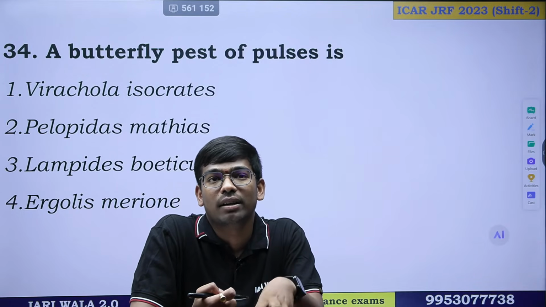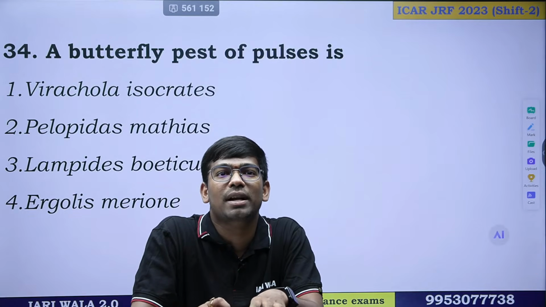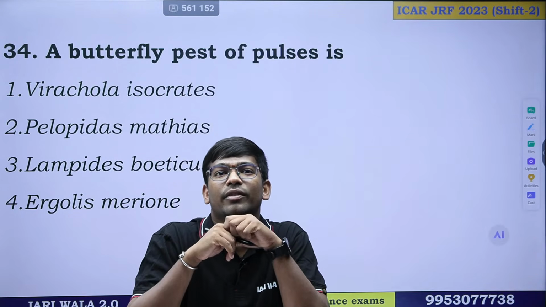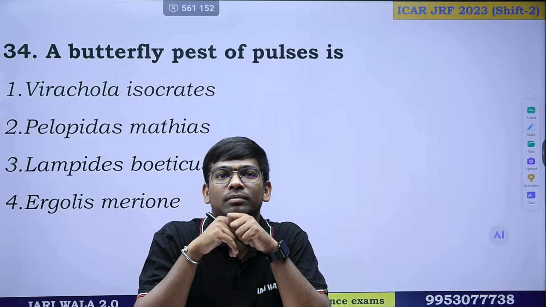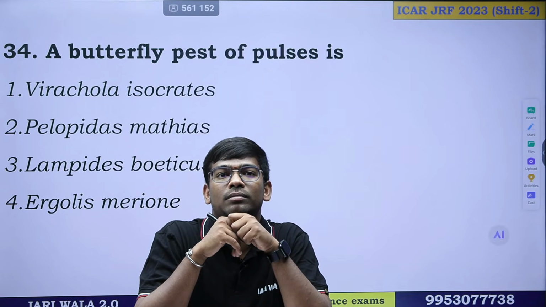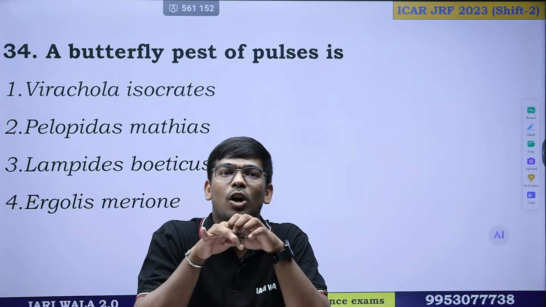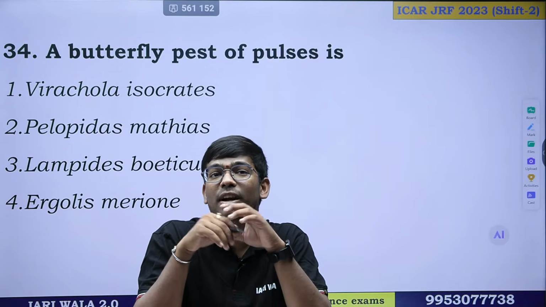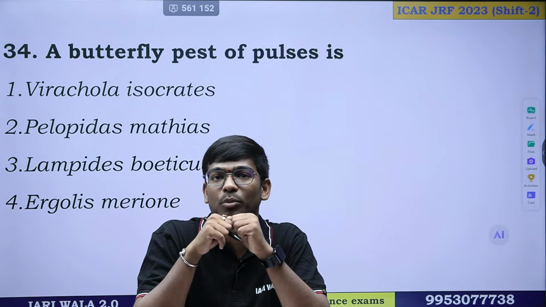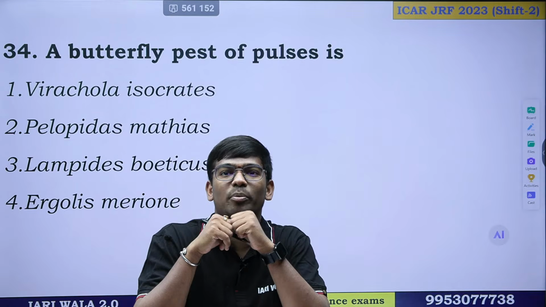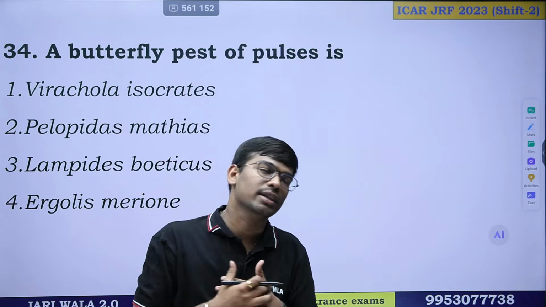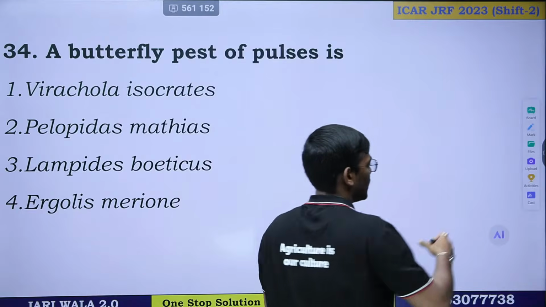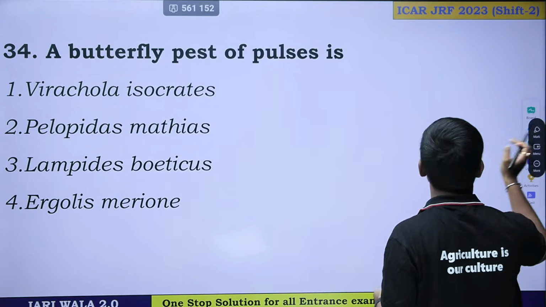But look carefully. All the options are butterfly pests only, but specifically the pulses crop is important. Now many students are answering 3 or C, that is Lampides boeticus, that is nothing but the blue butterfly, a lycaenid pest.